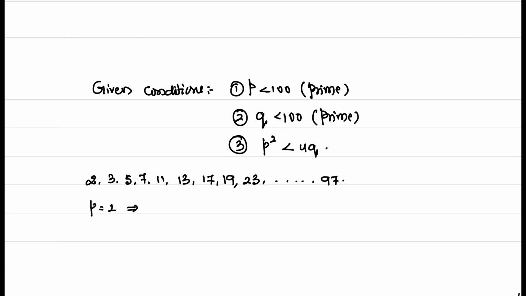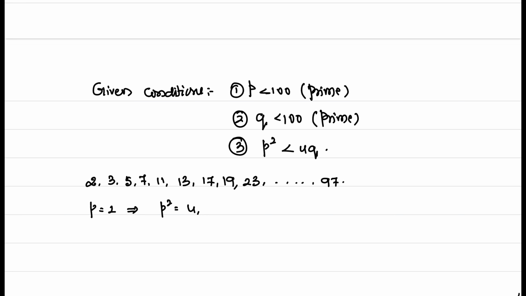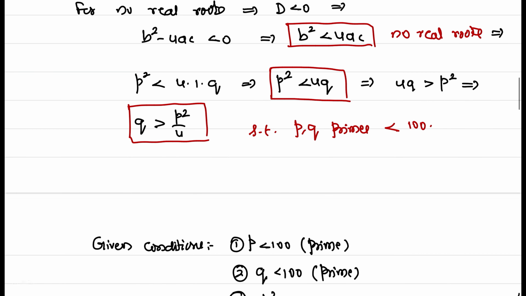That implies P square is equal to 4. P square is less than 4q for no real roots. That's what we have got here. Please try to understand.